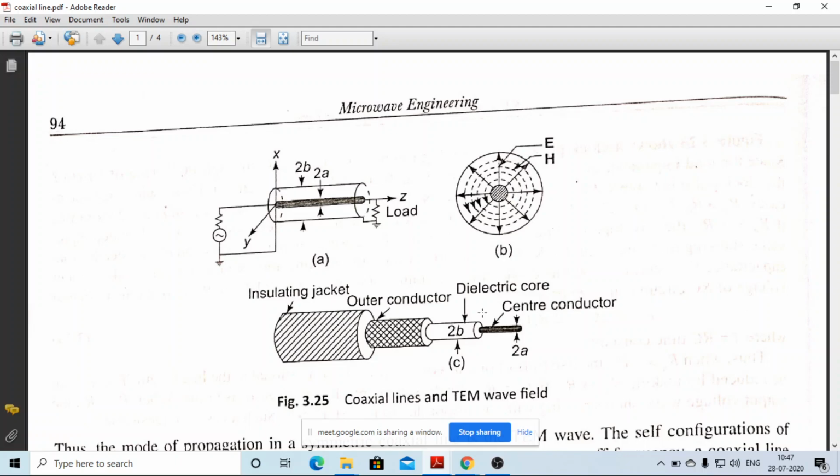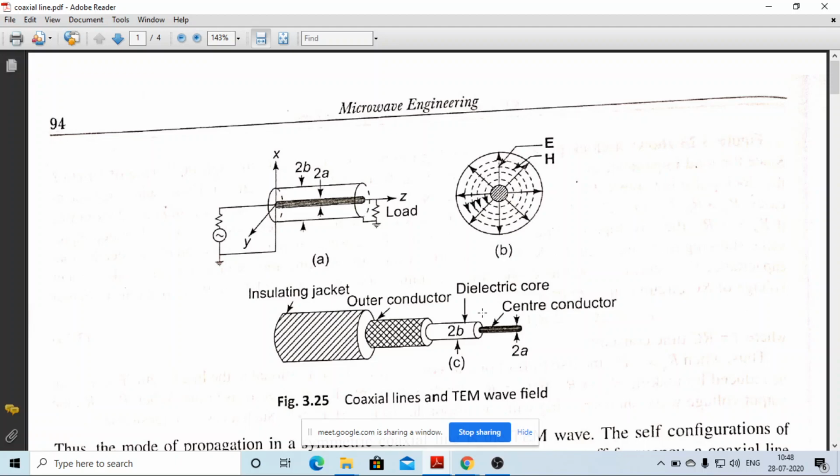Now above the dielectric core there is one more conductor called the outer conductor, and sometimes it is called the jacket conductor. A good example of this coaxial line is your normal TV cable. If you cut your TV cable, you will see a center conductor and a dielectric core, and the dielectric core is a semi-rigid type of material.